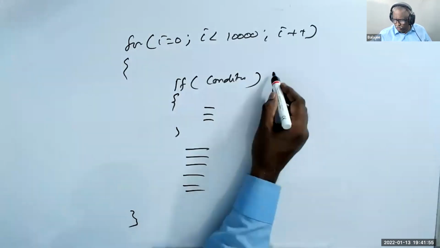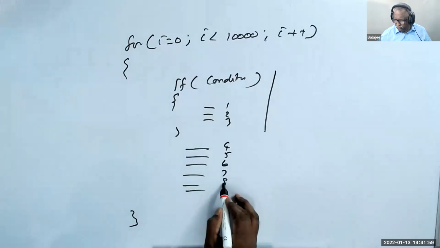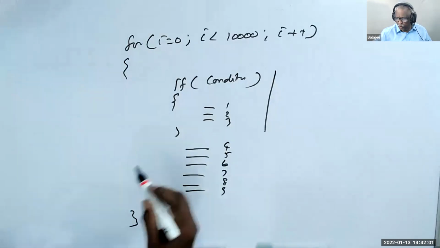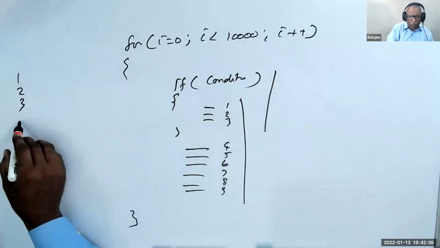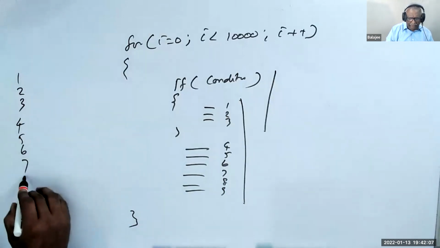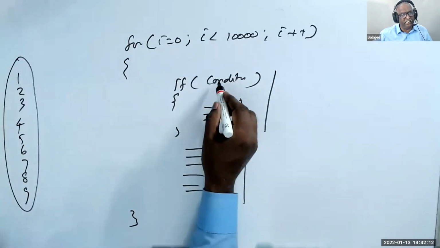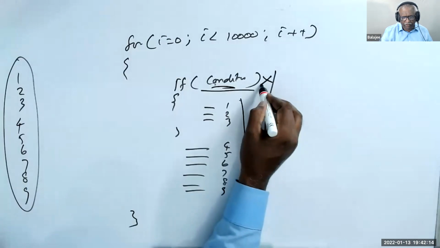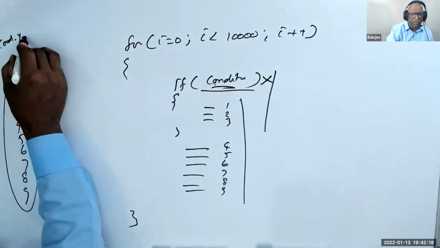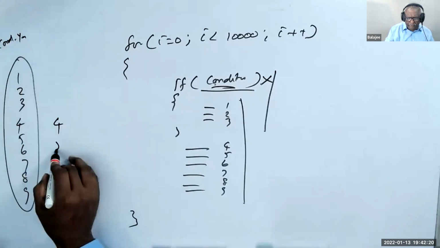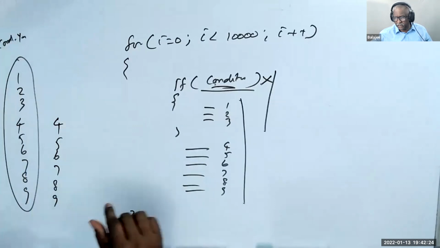So you will do statements 1, 2, 3, 4, 5, 6, 7, 8, 9, all of them. This is one possibility. If the condition is not satisfied, I will do only the condition, then I'll do 4, 5, 6, 7, 8, 9. Now there's one more possibility here.